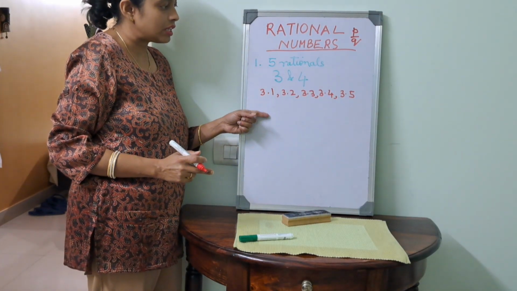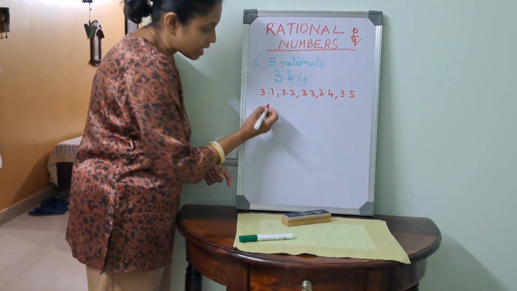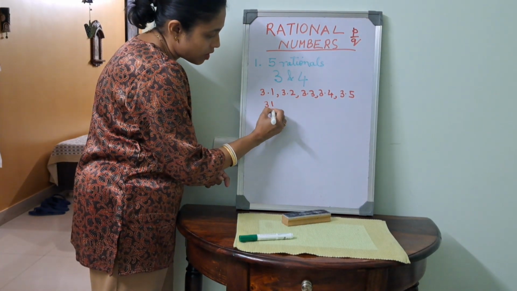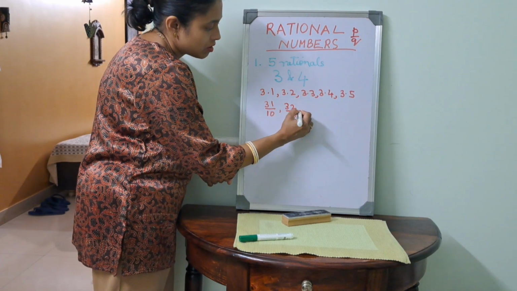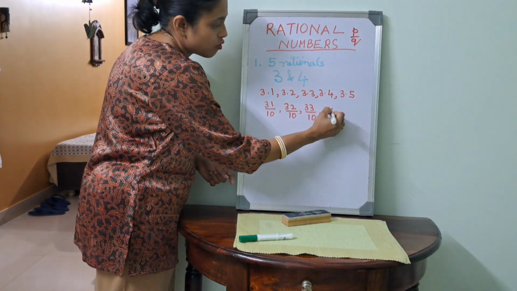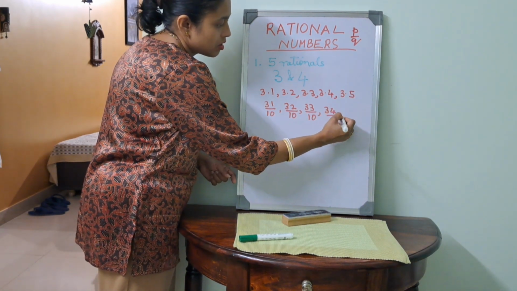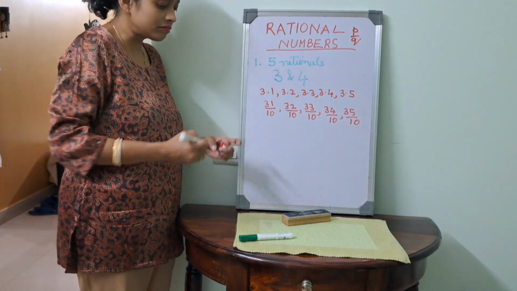Now, can I convert these decimal numbers into fractions or rational numbers? Yes, we can. So this becomes 31 by 10, 32 by 10, 33 by 10, 34 by 10, 35 by 10.